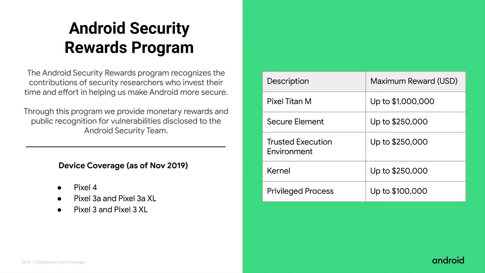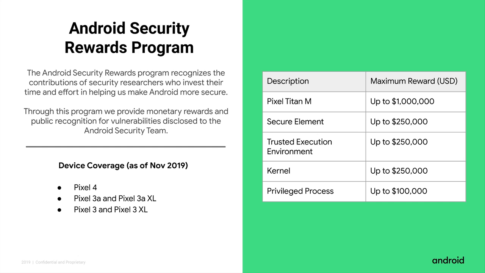We talked about this earlier, but the Android Security Rewards Program, this one is particularly for the Pixel device. But again, this is kind of to give you a sampling of what Google actually pays out to the research community for providing us with information on vulnerabilities they find.